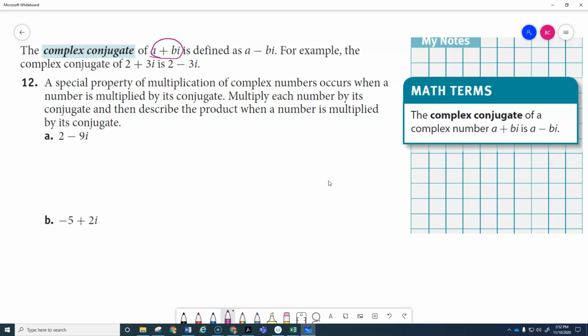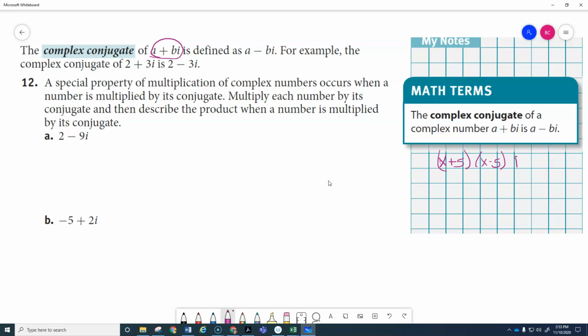And the conjugate, there are other places where conjugates happen, such as in binomials. If you have x plus 5, the conjugate of that is x minus 5. It's the same exact terminology: we just have a plus sign and a minus sign.